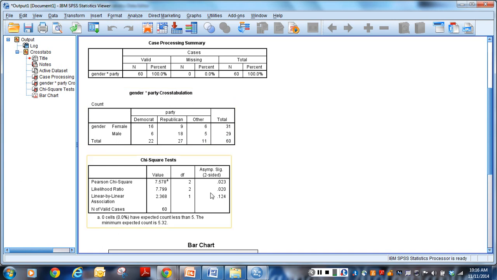If we look at our next table, our chi-square test, we can see Pearson chi-square, and if we look at our significance p-value here, which is 0.023, this is less than 0.05, so we can confidently say that there is a statistically significant difference among genders when it comes to political affiliation.